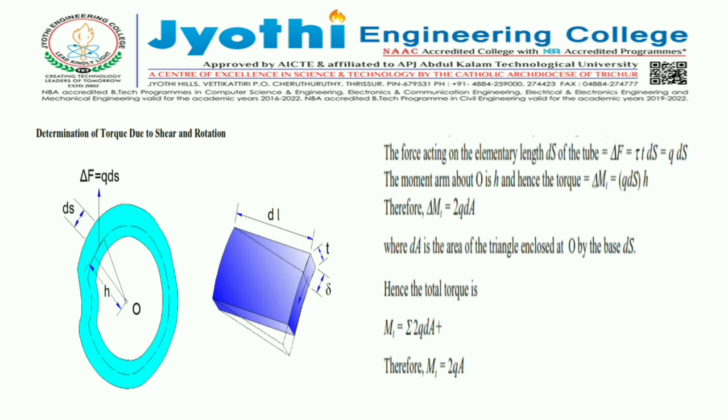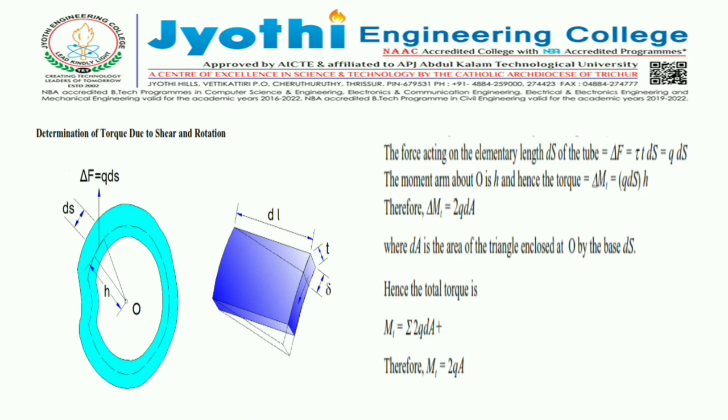Therefore, moment is equal to 2q into dA. Here, dA is the area formed by the triangle of edges ds and h. Therefore, area dA is given by half into ds into h. Substituting that in the moment equation, we get delta M is equal to 2q dA.